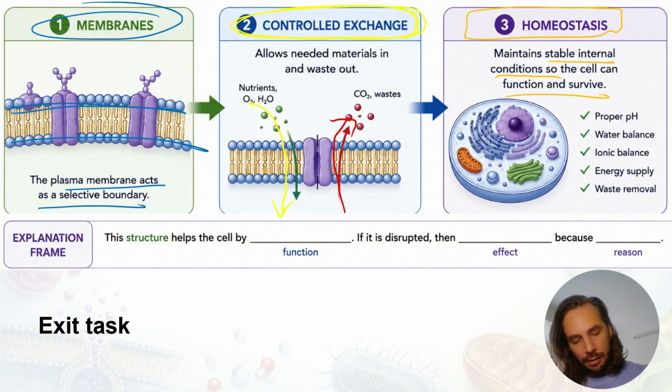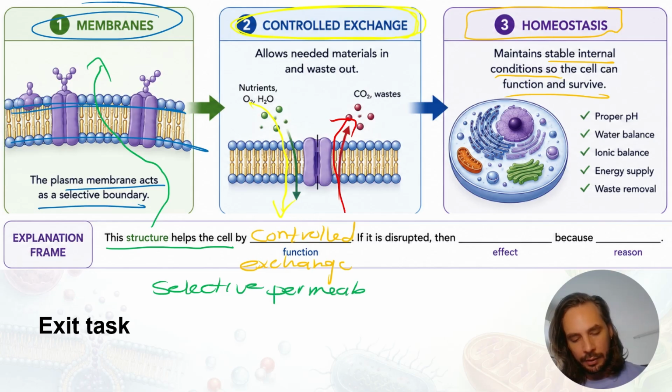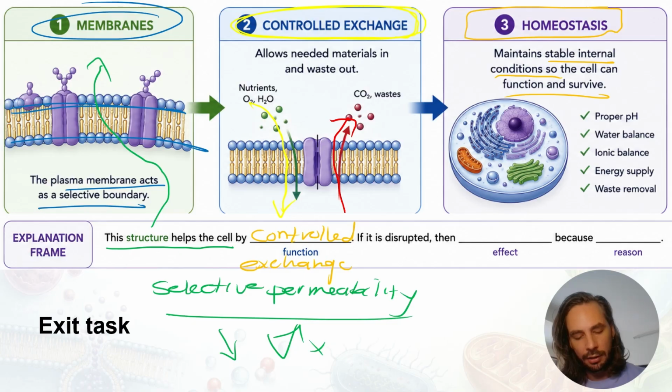Okay. Now, so this structure, and this structure we're referring to is membranes, helps the cells by controlled exchange. And that is basically, it just means selective permeability, meaning some things can go in, okay, and some things cannot.